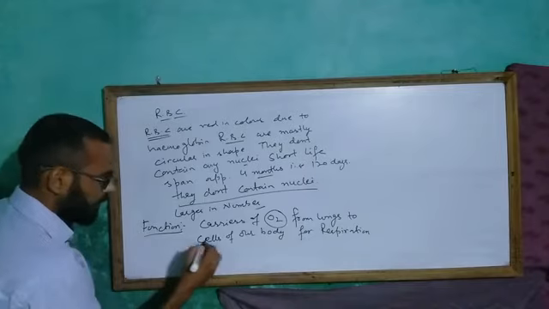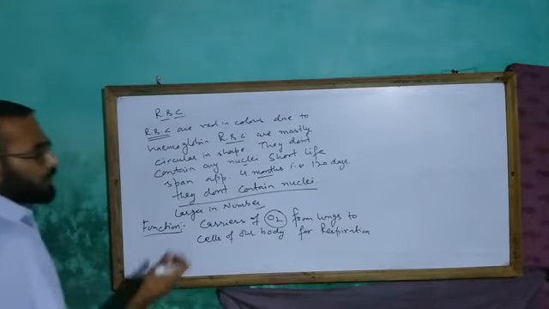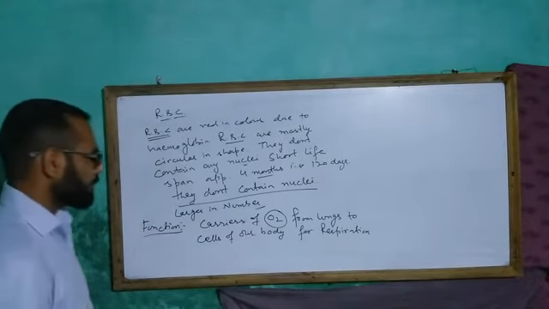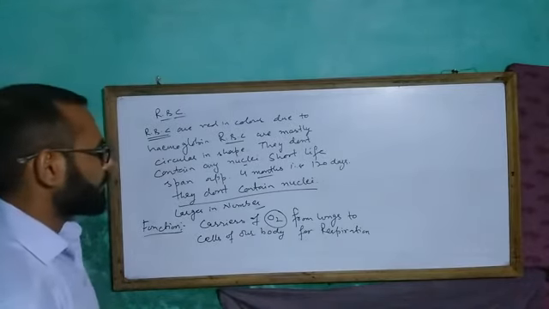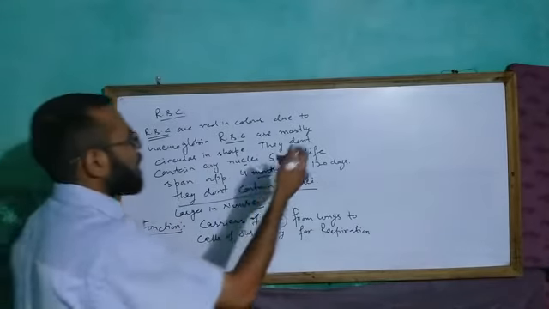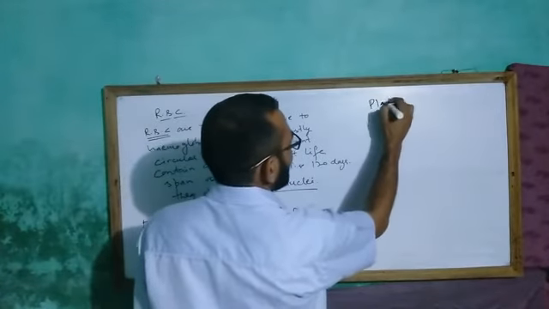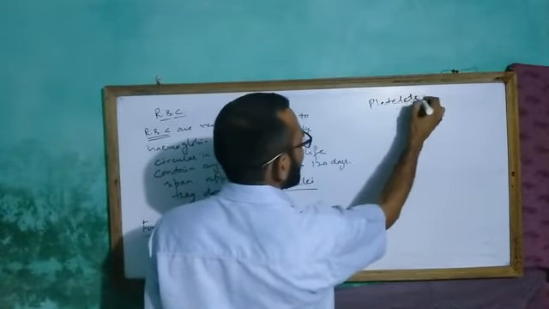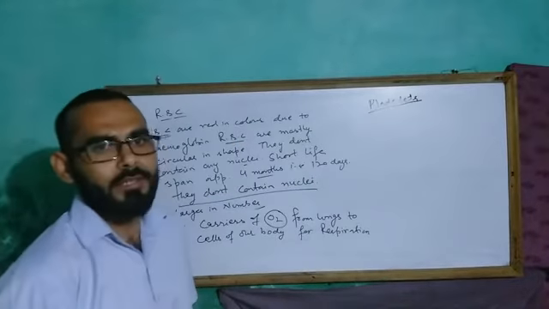Now the next, fourth component of blood is platelets.